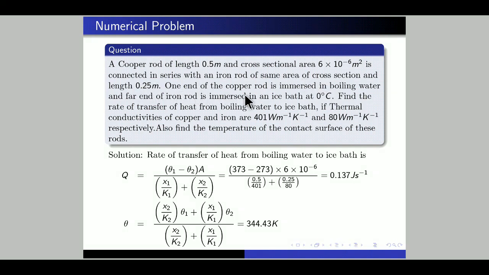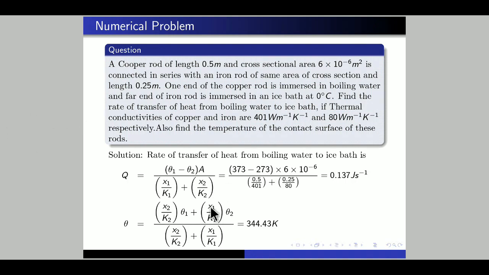One end of the copper rod is immersed in boiling water and the far end of the iron rod is immersed in an ice bath at 0 degree Celsius. Find the rate of transfer of heat from boiling water to ice bath if the thermal conductivities of copper and iron are 401 and 80 watt per meter per Kelvin respectively. Also find the temperature of the contact surface of these rods.